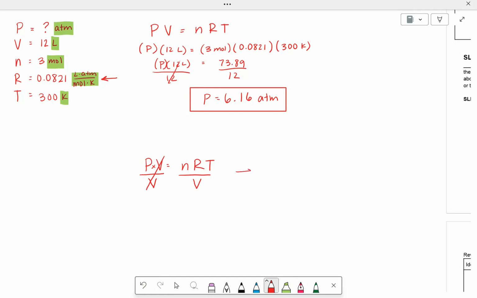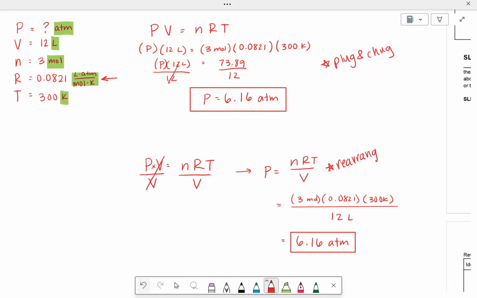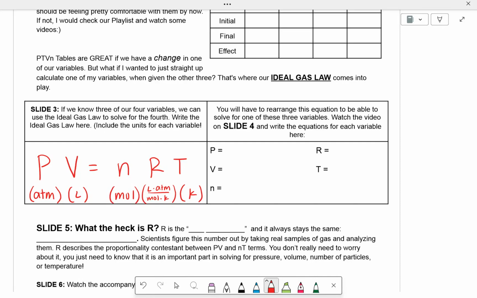That cancels and gives us P equals nRT divided by volume. From here, you can plug in your 3 moles, your gas constant, your temperature, and notice how it ends up being the exact same answer. Either way works, but I want you to pick one way and stick with it.